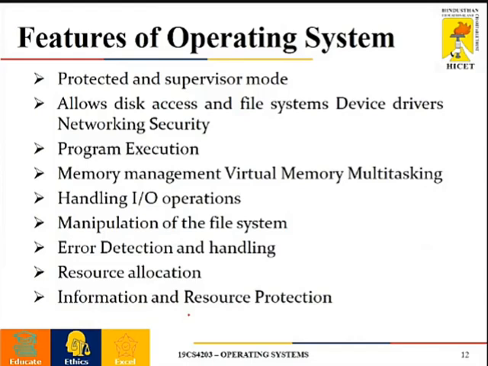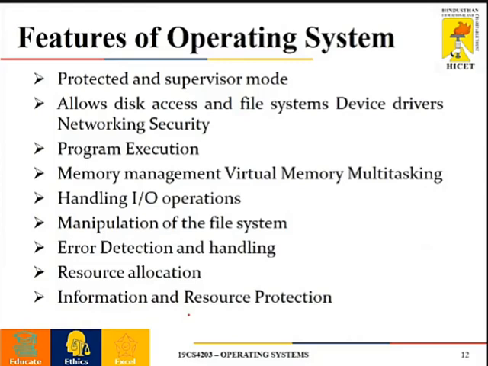Then it supports program execution. The operating system also performs memory management and virtual memory management, and it handles the IO operations. The operating system takes care of the file system. Manipulation of the file system is done by the operating system.